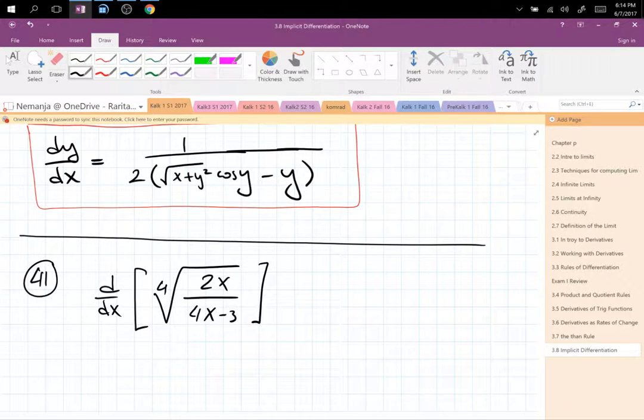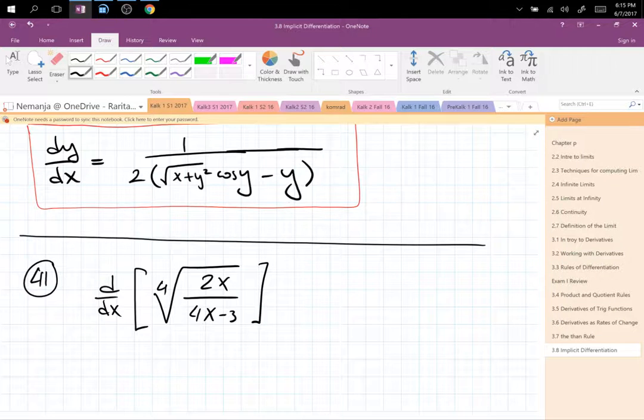Because of the fourth root, and then you have the quotient. So this is more of a review of the last section.